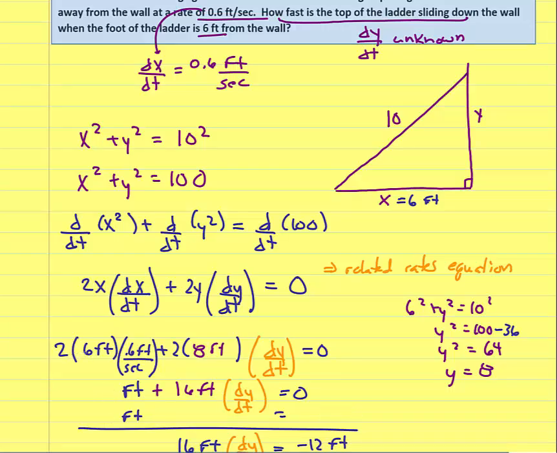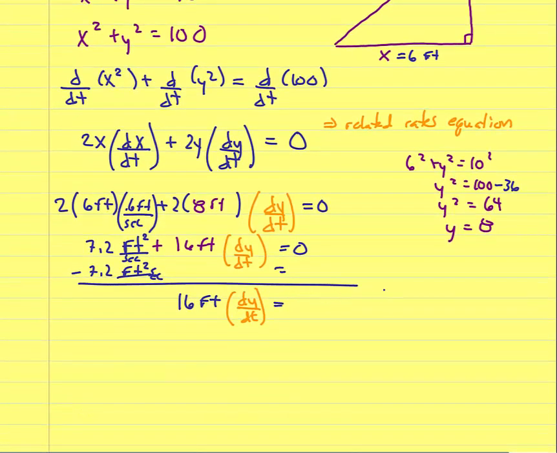So 2 times 6 is 12. 12 times 0.6 is 7.2. So this would equal 7.2 feet squared per second. So I'd subtract 7.2 feet squared per second. So over on this side, I would also subtract 7.2 feet squared per second. And then to finish this problem off, I divide through by 16 feet.